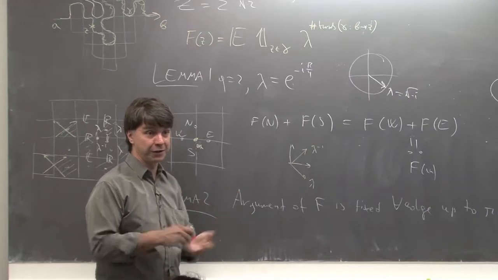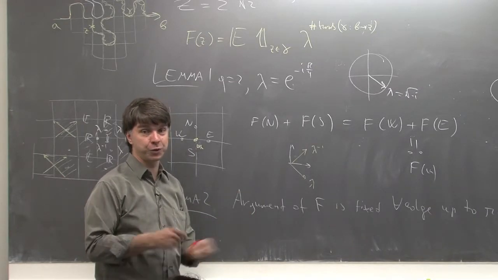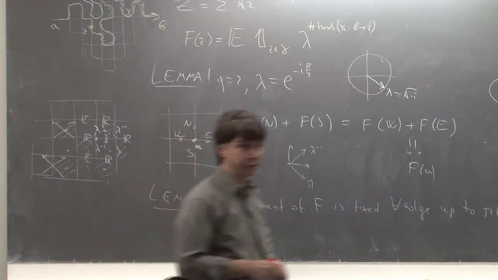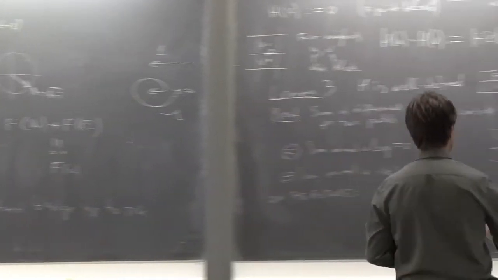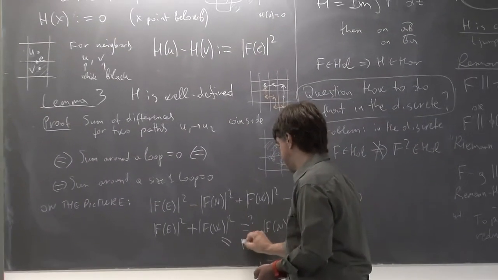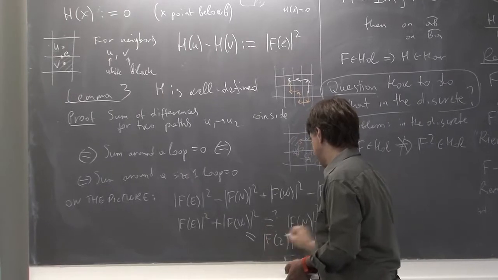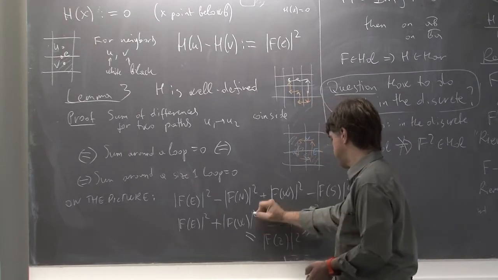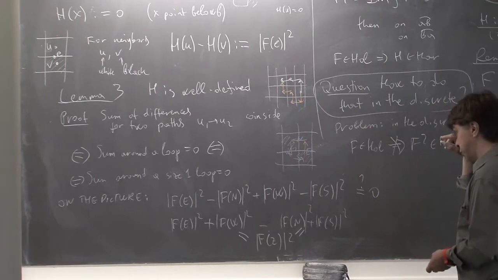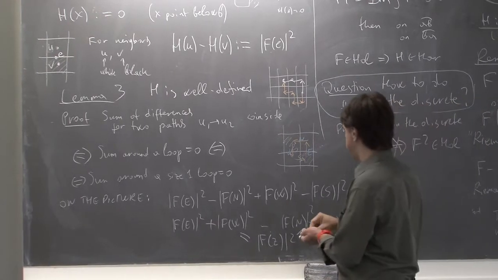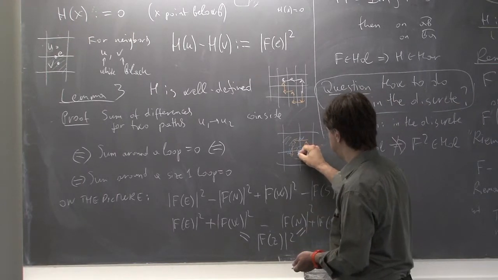If you take the sum of squares of two coordinates, you get the length of the vector by Pythagoras. So this is just |f of z| squared. It's just f of z written in two different bases, z being this point at the center.